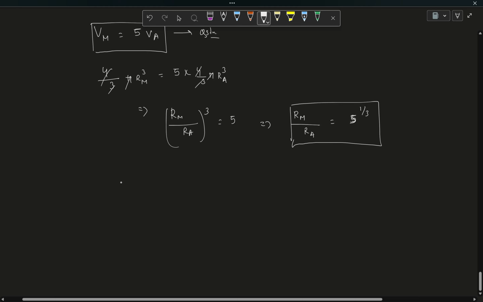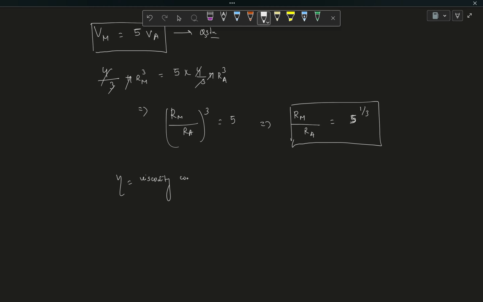Then in the question it is asked what is the ratio of their viscosity coefficient, or eta. You know that eta is the coefficient of viscosity, and it has the formula 1/3 rho c bar lambda. Now from here we have to calculate the ratio of eta m by eta a, that is, the ratio of the methane molecule's viscosity to the argon gas's viscosity.